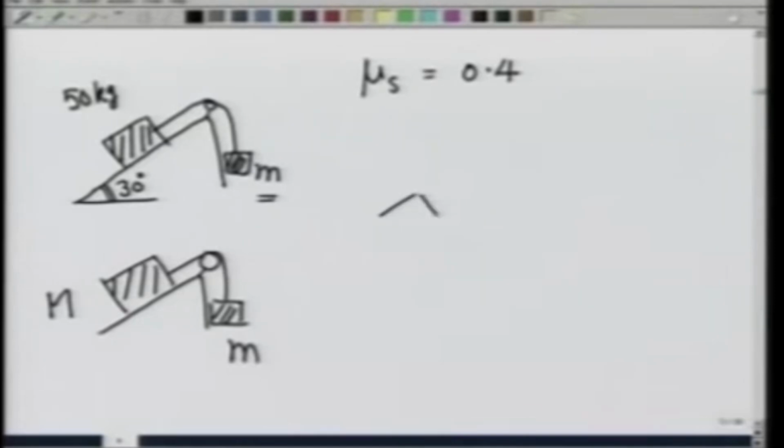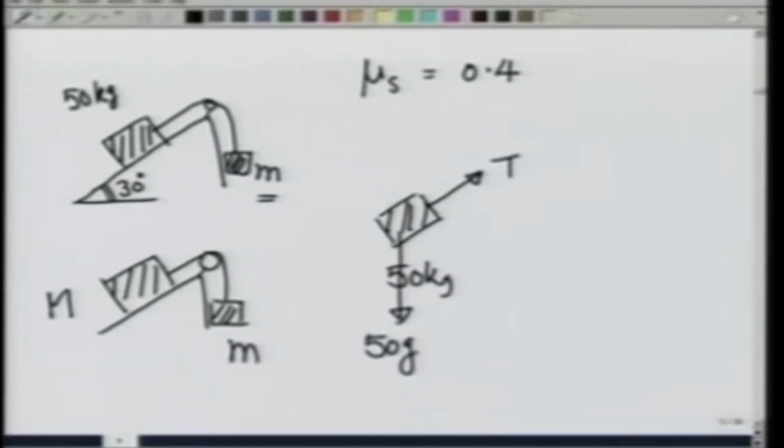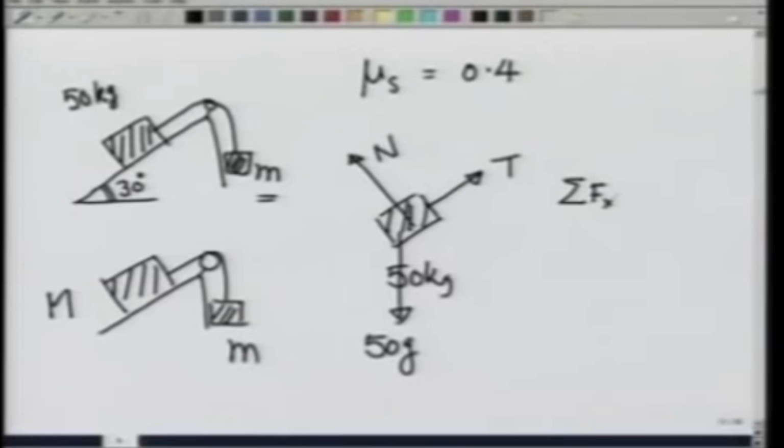If I make a free body diagram of the 50 kg mass, it would have tension T pulling it up, force 50 g pulling it down, and a normal reaction from the surface. If it is not to move, then all the forces should satisfy summation Fx equal to 0 and summation Fy equal to 0.